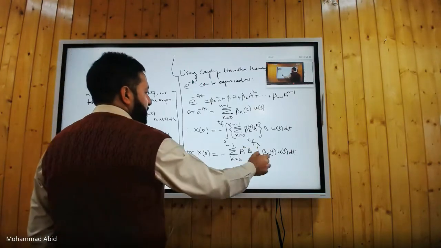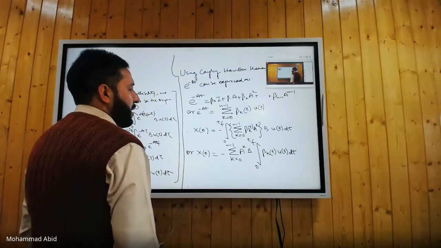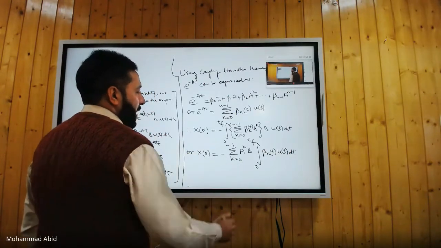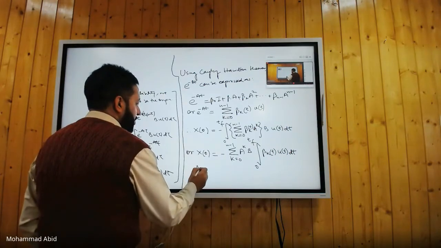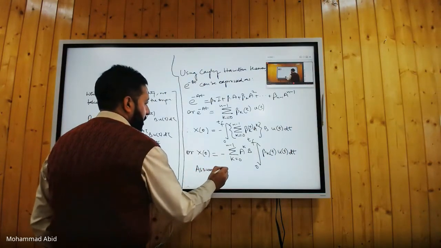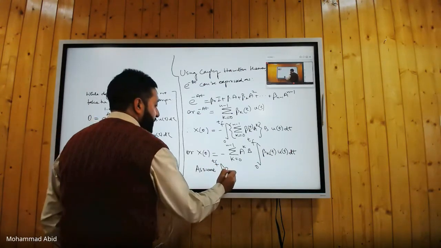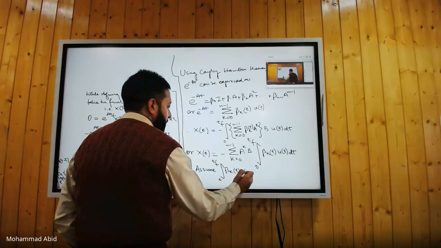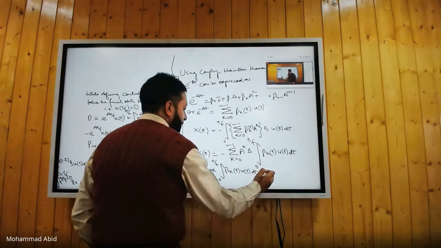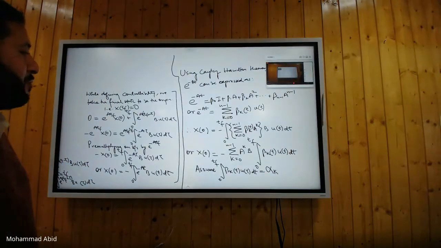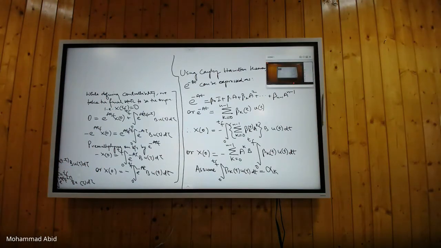So for all k's, I call the integral of 0 to tf, beta k(t) u(t) dt, alpha k. Because it is a proper integral, I can evaluate it for every beta k.